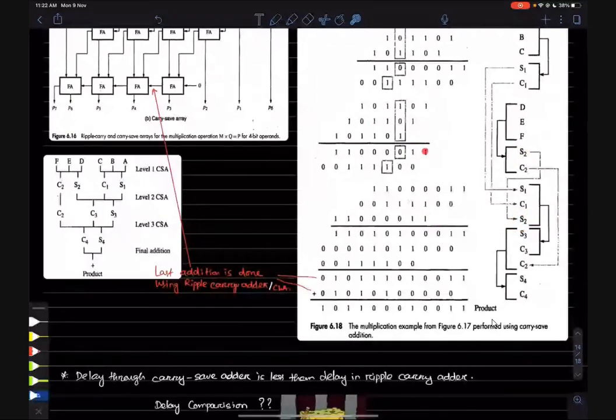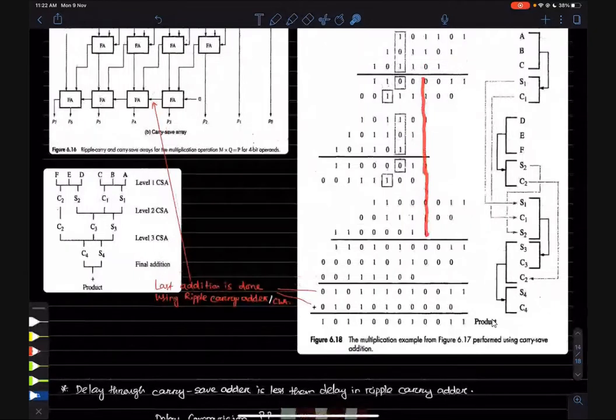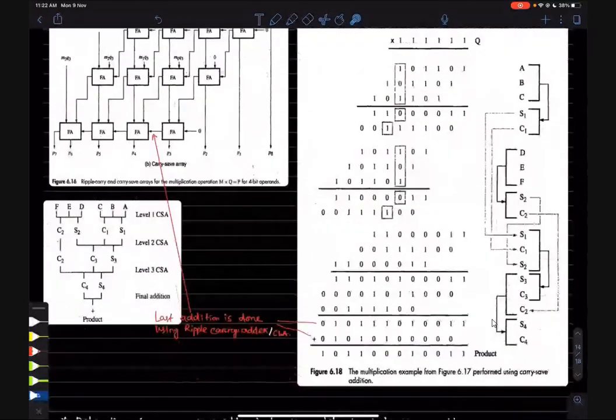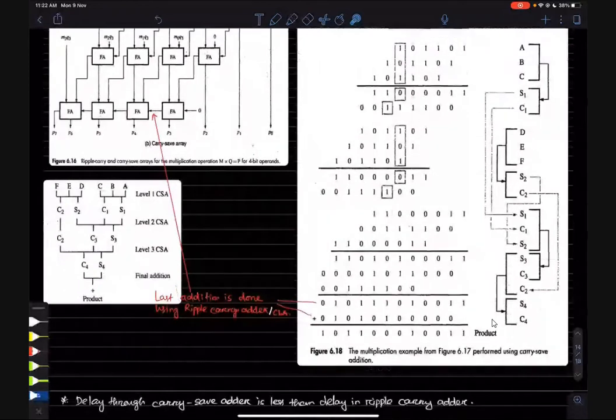This place concept you have to remember, where the bits are starting, you have to correctly mention it, otherwise your product result will be wrong. So S1, C1, S2 is done.